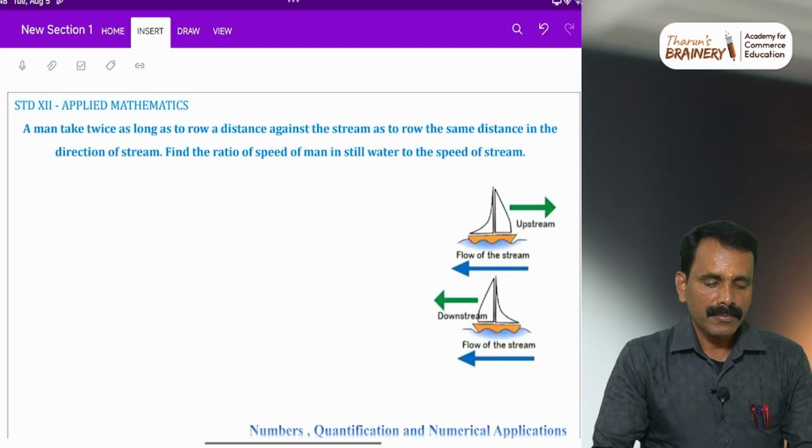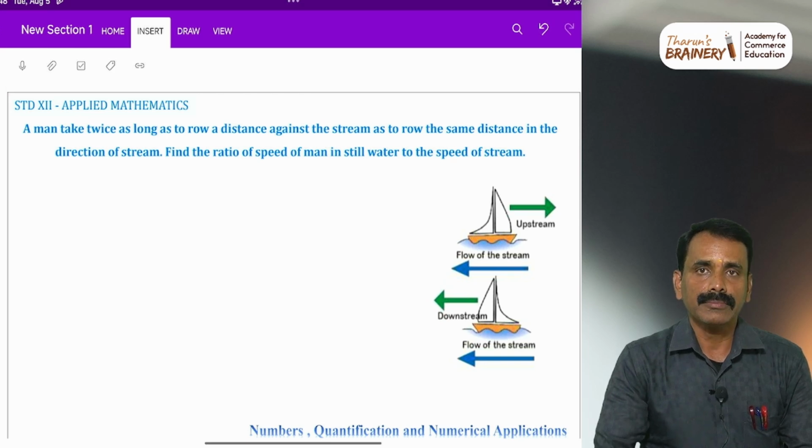In this problem, a man takes twice as long to row a distance against the stream as to row the same distance in the direction of the stream. Find the ratio of the speed of the man in still water to the speed of the stream.